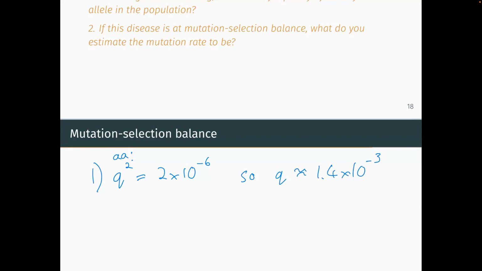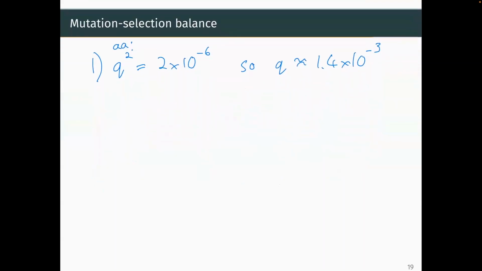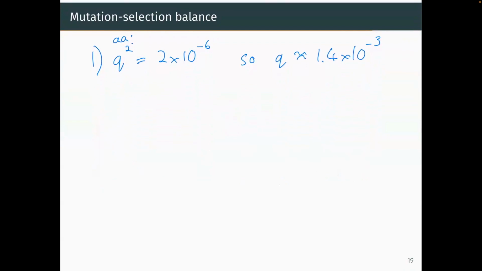So a lot of recessive deleterious mutations persist in the population because it's very rare for the disease to appear. And so it's very difficult to purge those recessive alleles from the population, even though you might think, having both copies of them, those individuals die really quickly, surely it would be purged. Actually, they're maintained a lot of the time because heterozygotes who don't have the disease phenotype are relatively common.